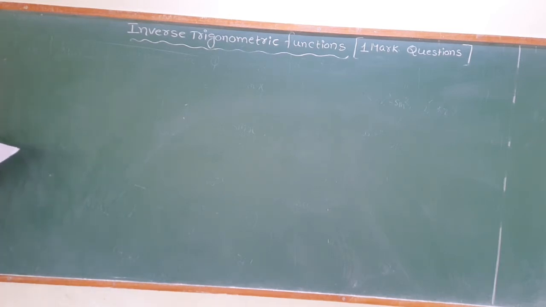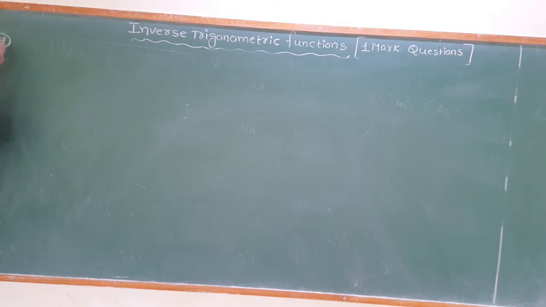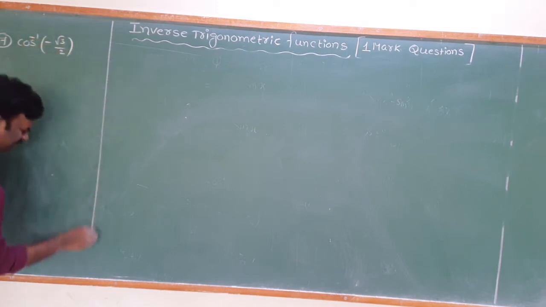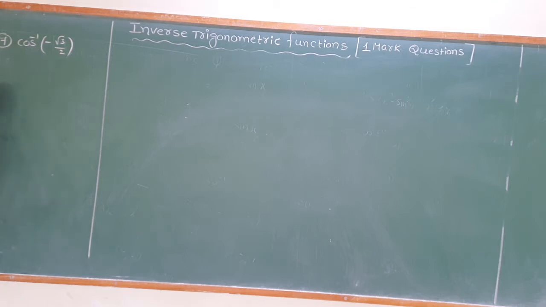Now we will discuss the 7th question. Find the principal value of cos inverse of minus root 3 by 2. That equals cos inverse of minus; cos 30 value is root 3 by 2.